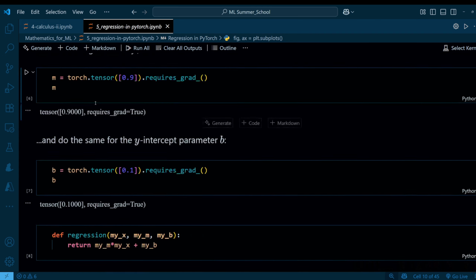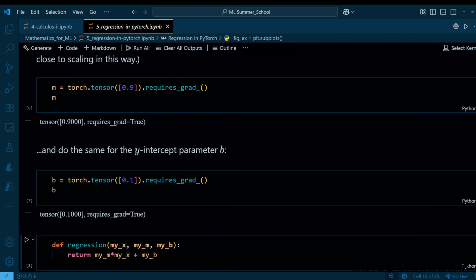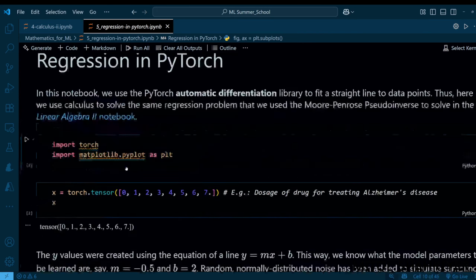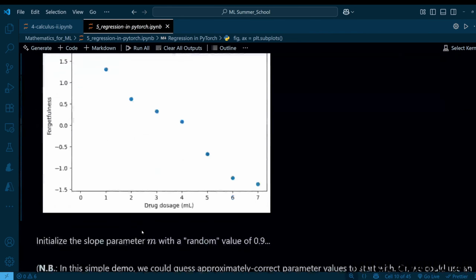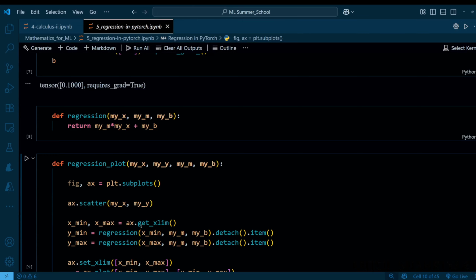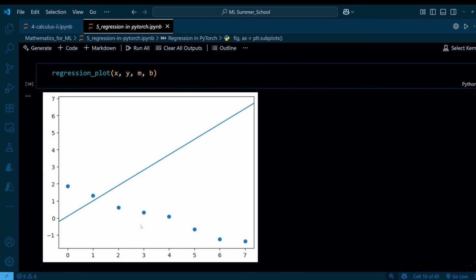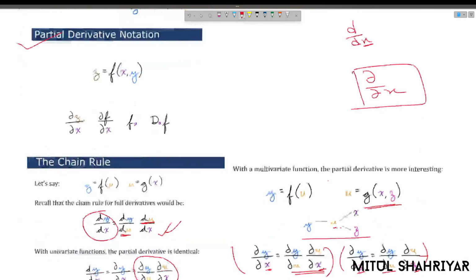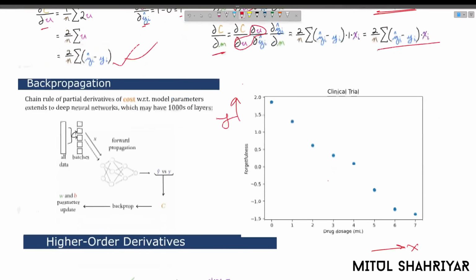So we have m, we have b, and we have values of x right here. Great, no problem. Now what? Now we can create the line. This one is basically created based on the random m and b.